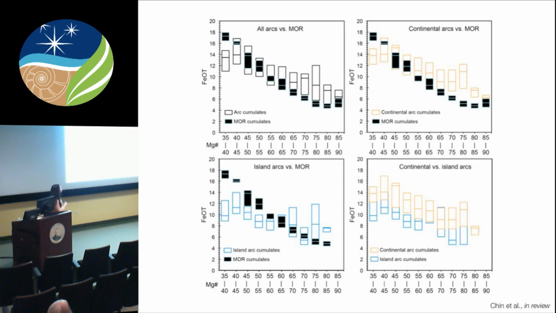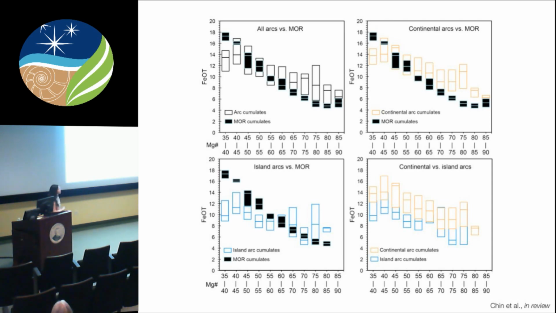So when we looked at all of the arc cumulates versus all the mid-ocean ridge cumulates, we found that the arc cumulates have high iron contents at high Mg number. And this is clearly shown in this plot, but it's also apparent when we separate out the different types of arcs. So when we look at just continental arcs, we see that at Mg numbers of 75, which is in equilibrium with the mantle peridotite, we see considerable iron enrichment in these cumulates.